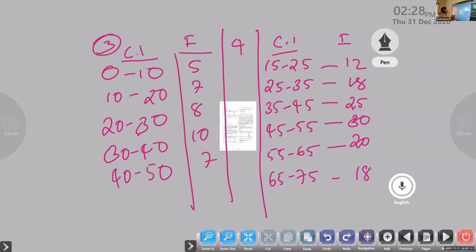Copy the questions. Copied? Can you show the first two questions? First question, here it is.